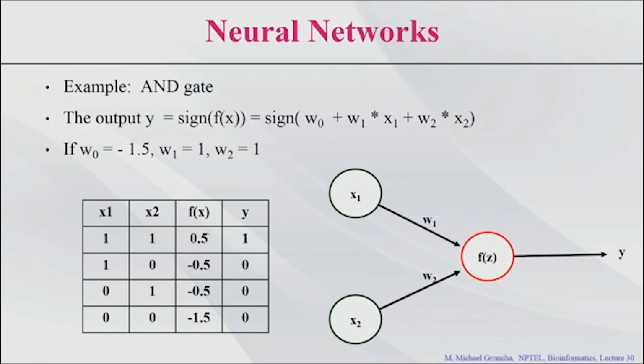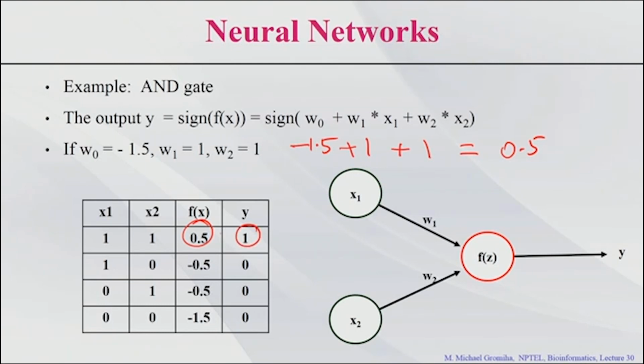Using this function, w0 is minus 1.5, plus w1 into x1, which is 1, plus w2 into x2, which is 1, this is equal to 0.5. So, we get 0.5. You can see the sign is plus, so the output is equal to 1.